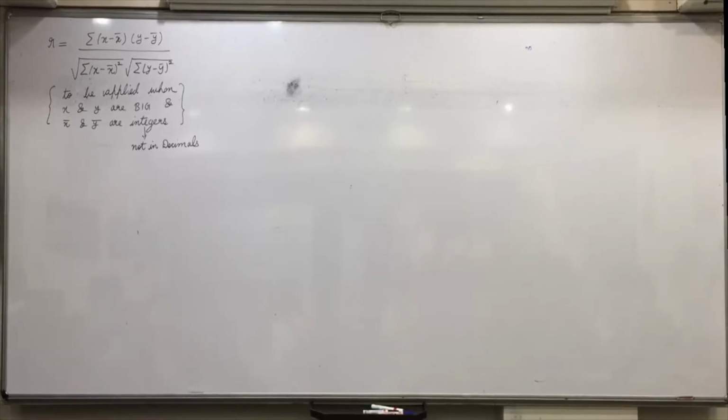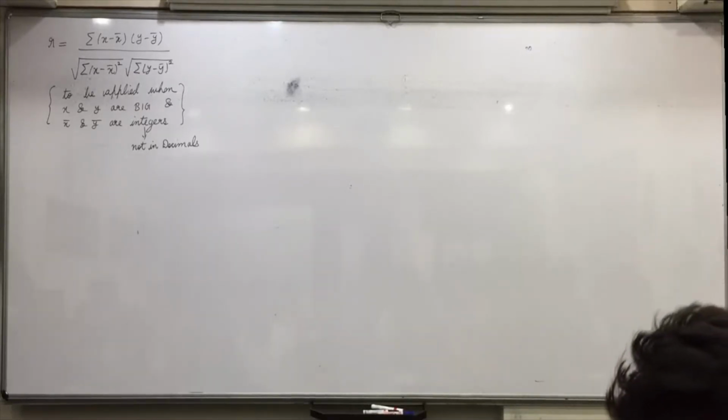From the following information obtained from a sample of 7 families of a society regarding height of father in centimeters and height of his adult son in centimeters, calculate the correlation coefficient. Height of father we will denote as x, height of son we will denote as y.